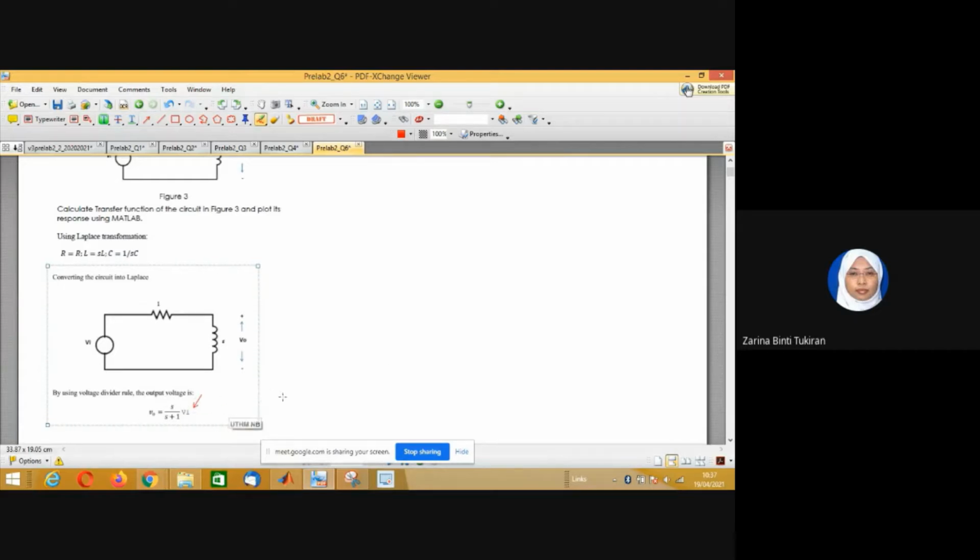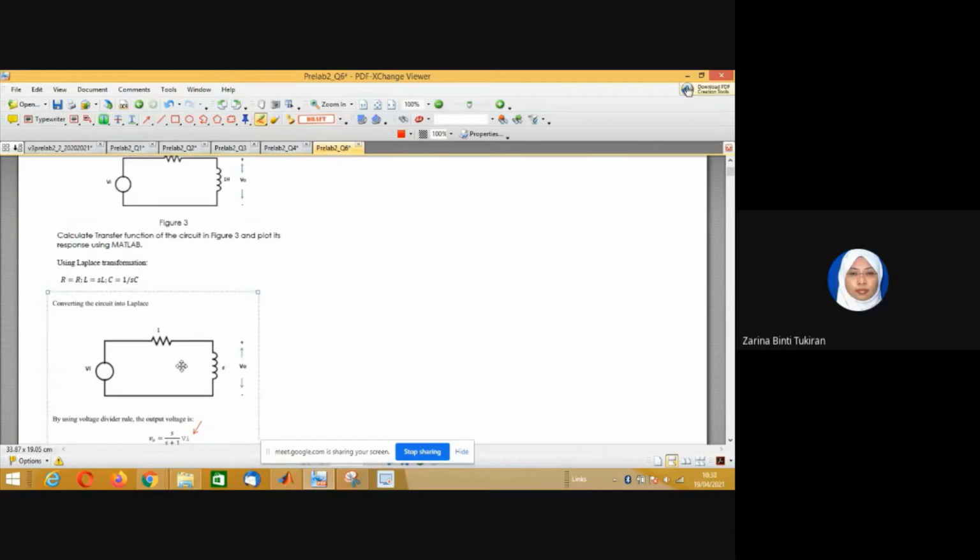Based on this circuit, you will have this as R, while L is SL. Okay, this is your VI.